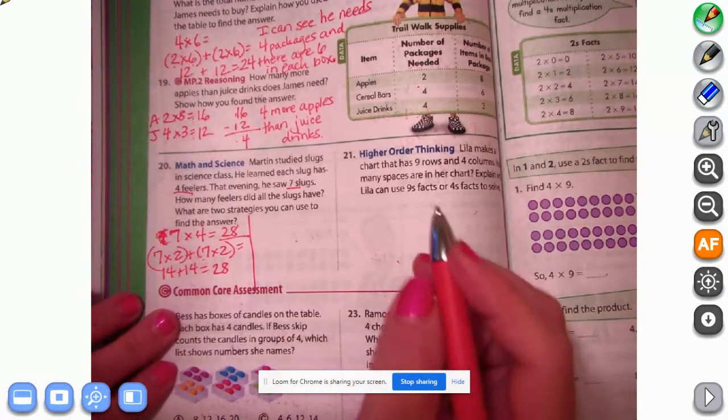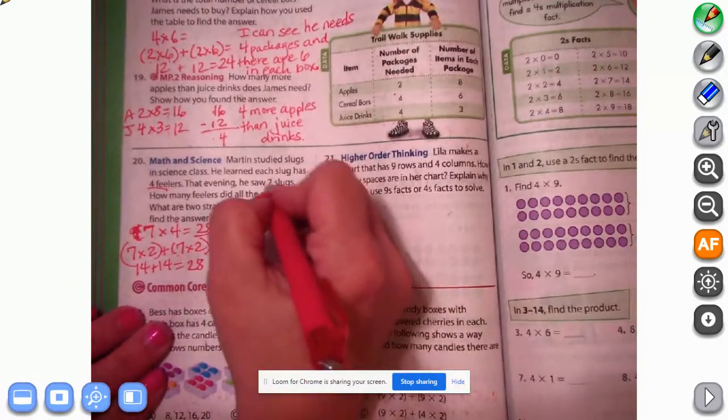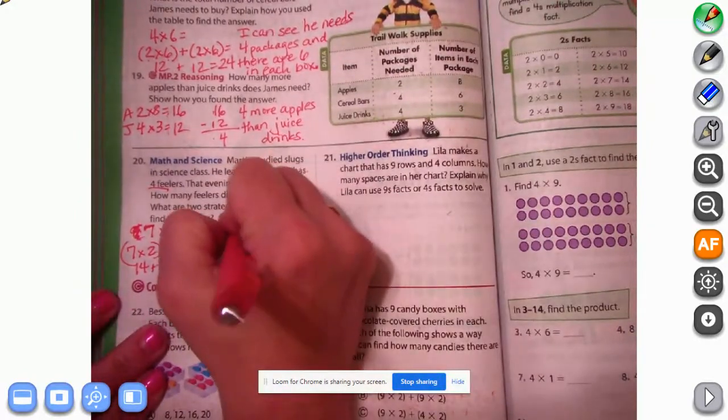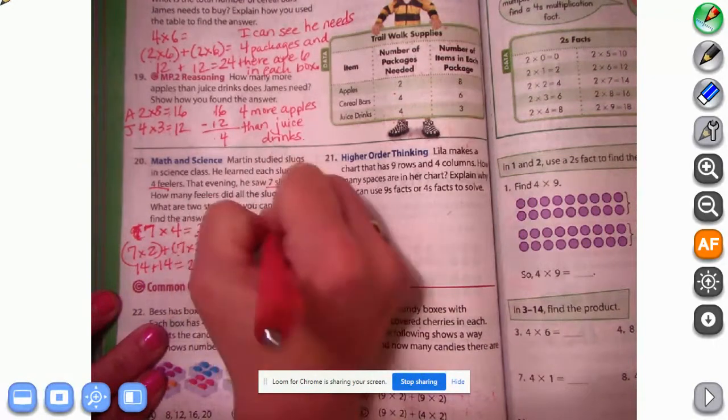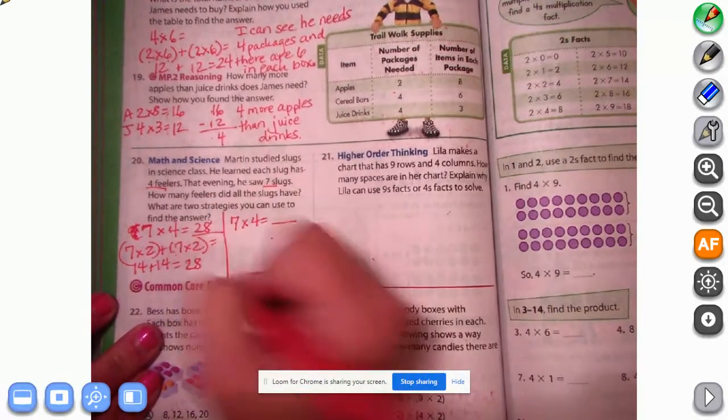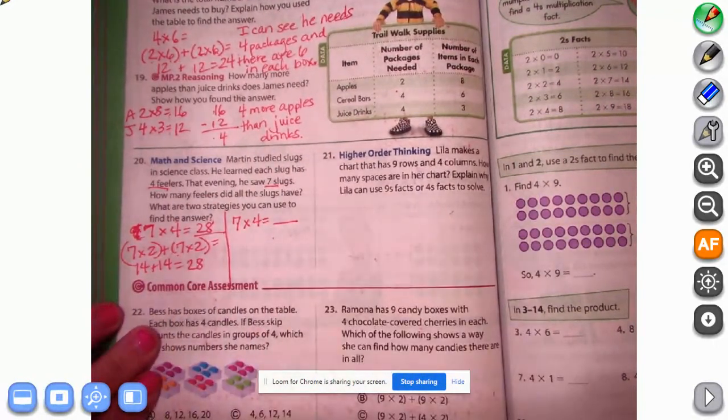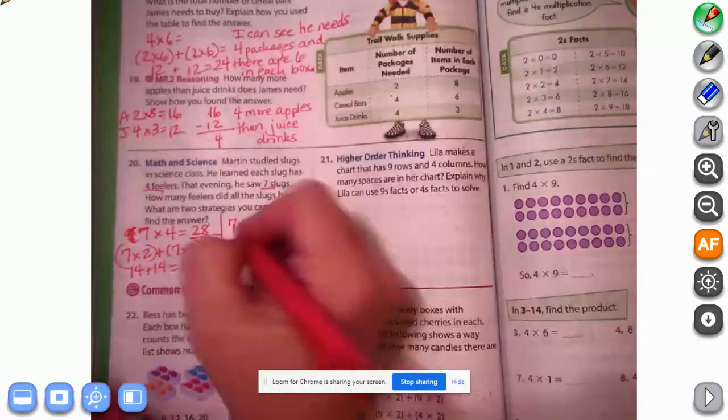28 feelers in all. Another way, we could break up the 7. So we could do 7 times 4 equals, and we could do a fact of, let's do 5 and 2 instead of 4 and 3. Let's do 5 and 2 because they make 7 and it'll be just something different.